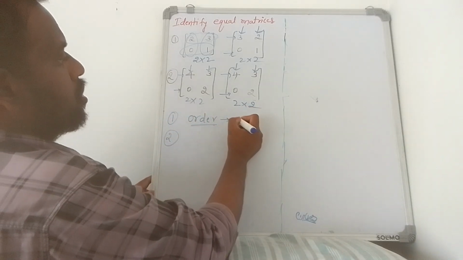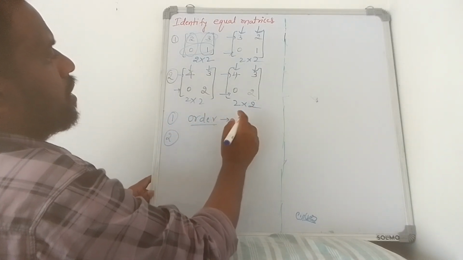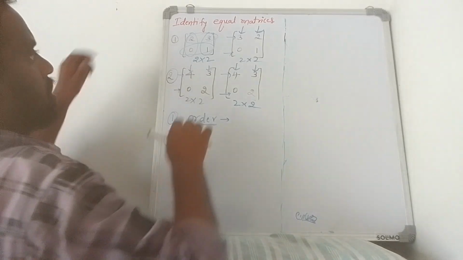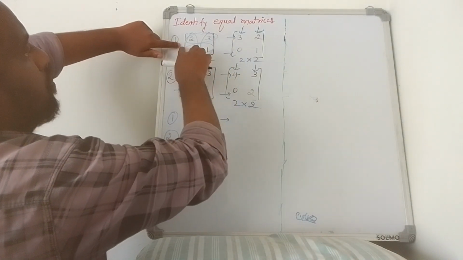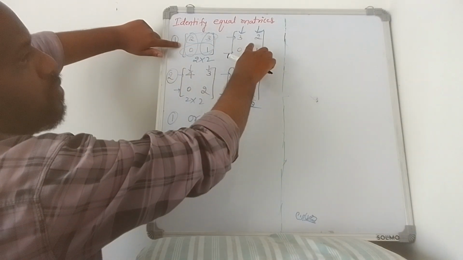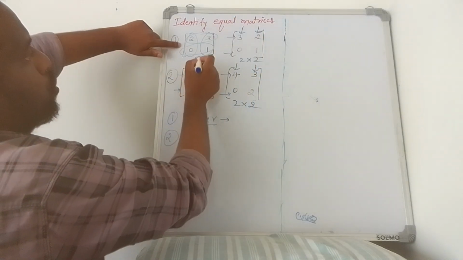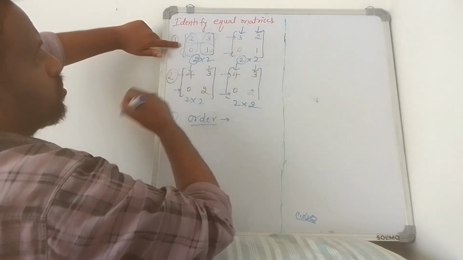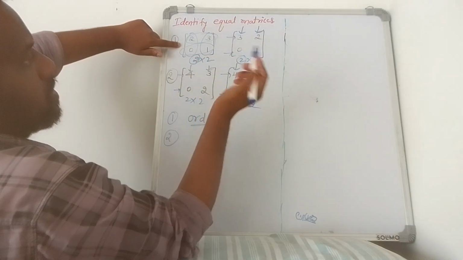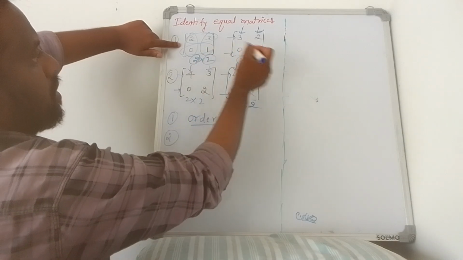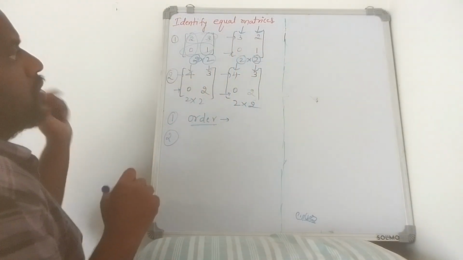I mean, the number of rows of this matrix should be equal to the number of rows of this matrix. Two rows are there, here also two rows. Columns should be the same. Two columns in this matrix, here also two columns. Okay.